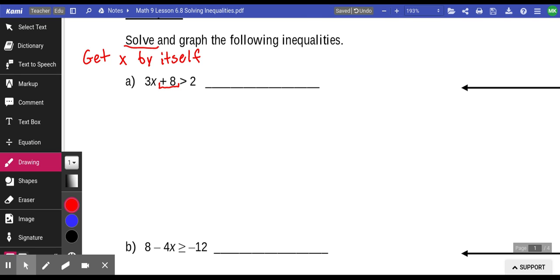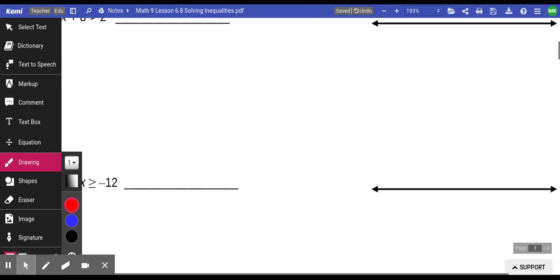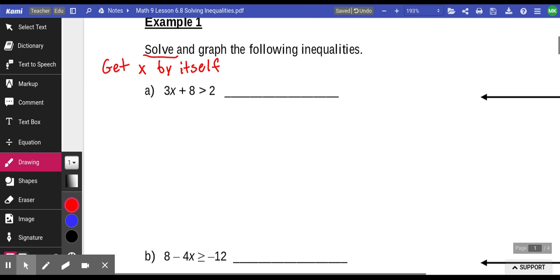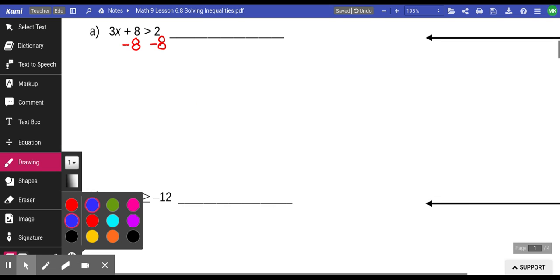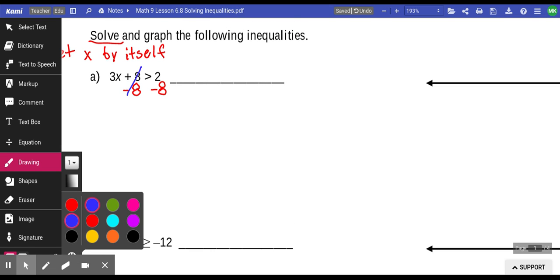The way I move things in math from one side of the inequality to the other is by opposite operations. The opposite of plussing 8 would be subtracting 8. So I need to subtract 8 from both sides of the inequality. What we do to one side, we do to the other. We balance things in math. So I subtract 8 from the left side, which makes the 8s cancel out.